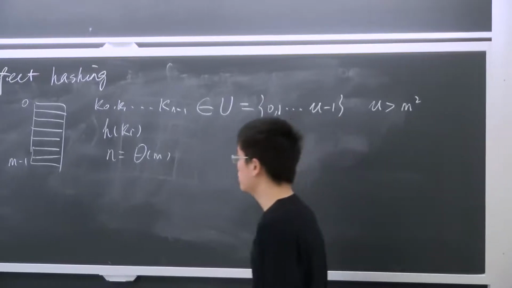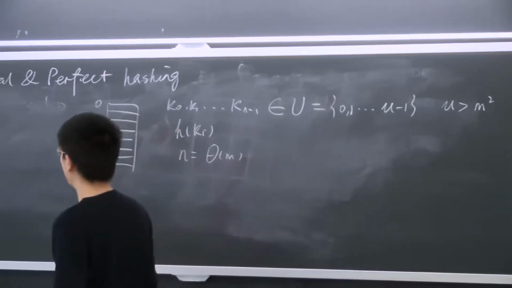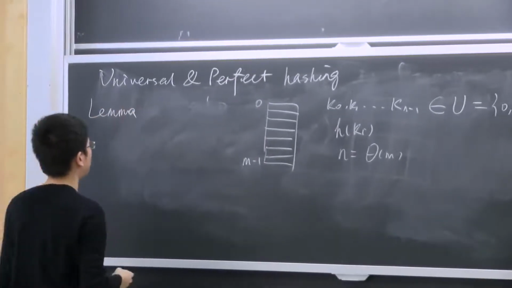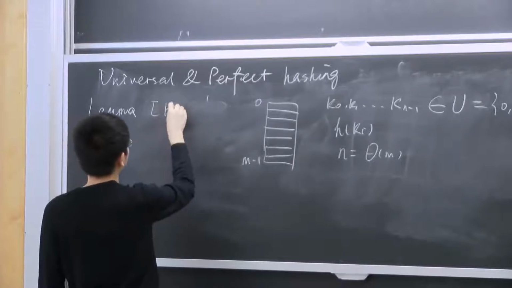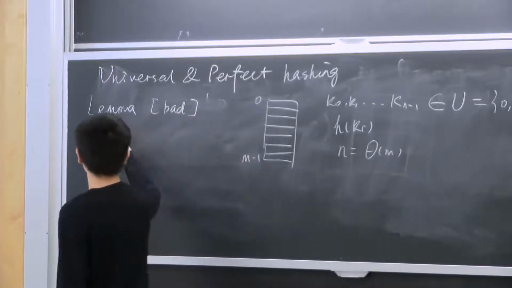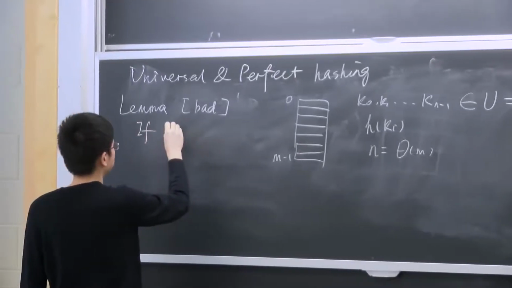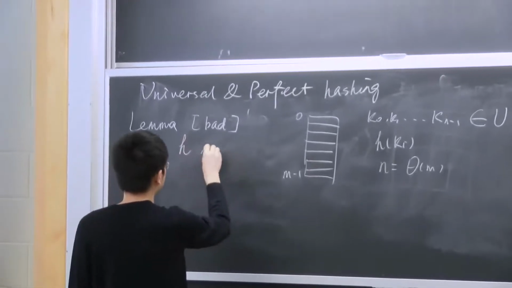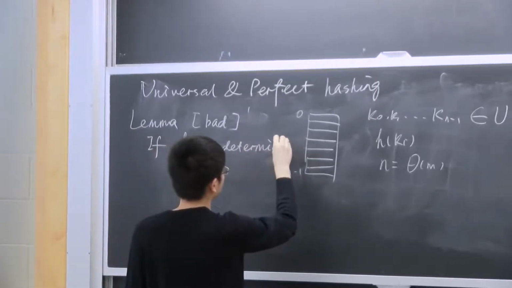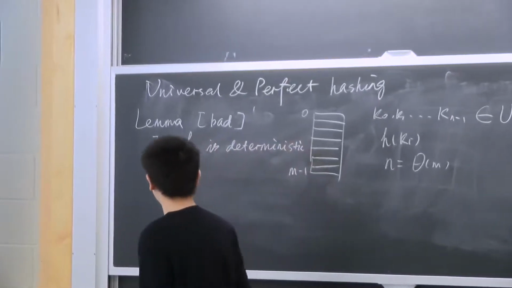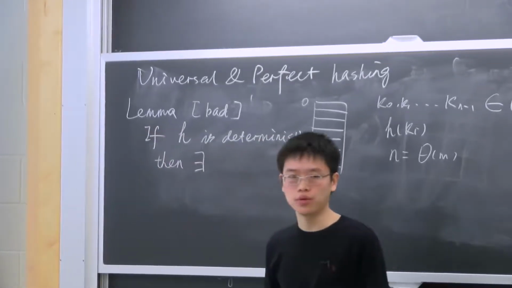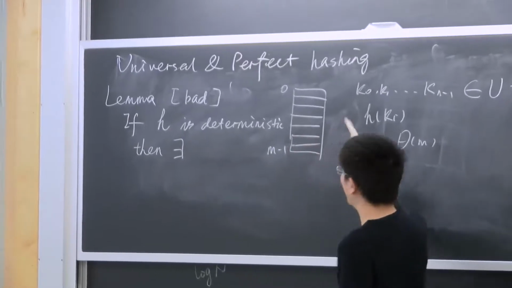But let me first start with a negative result. If my hash function is deterministic, then there always exists a series of inputs that all map to the same bin.